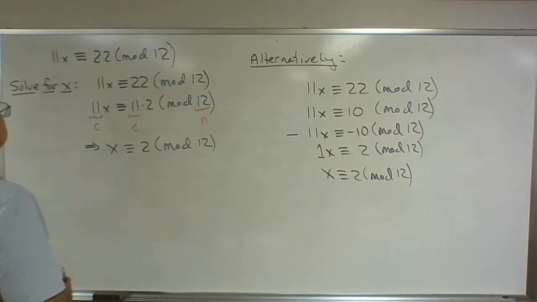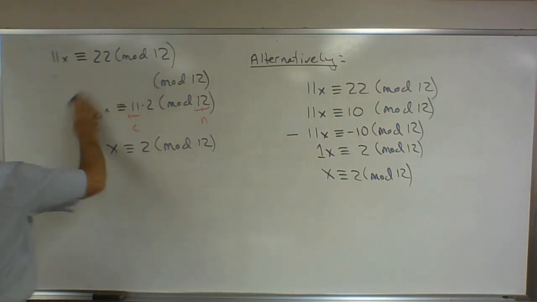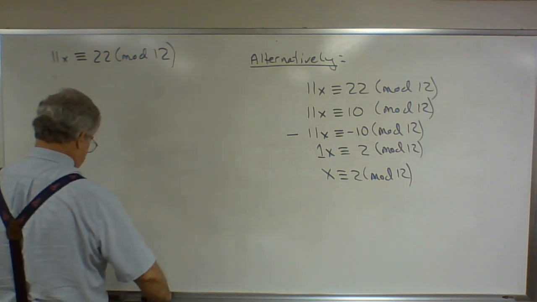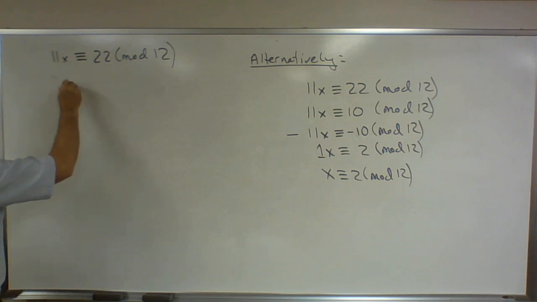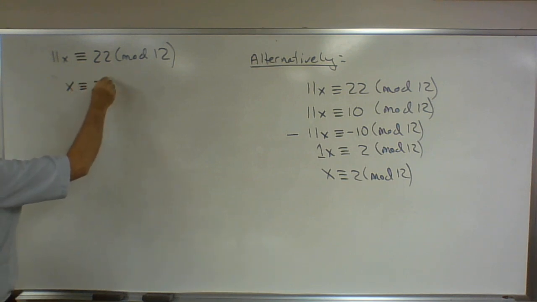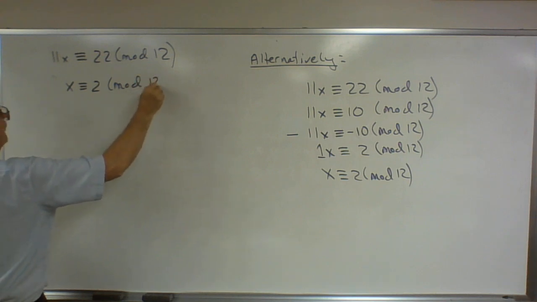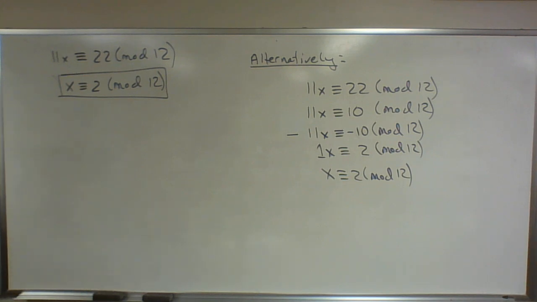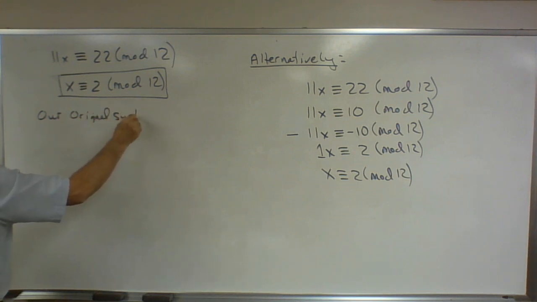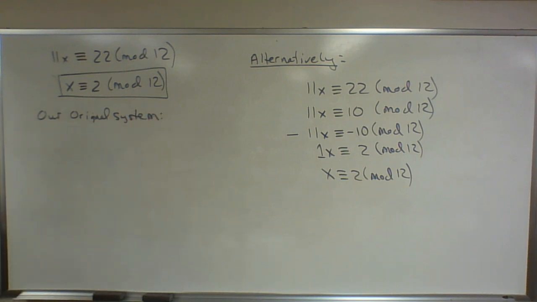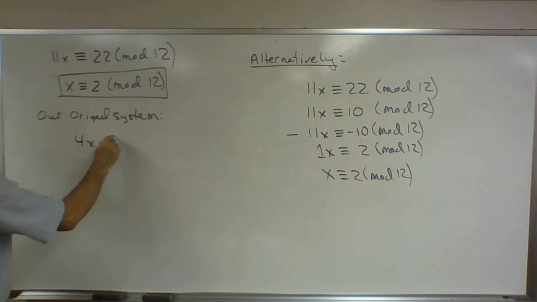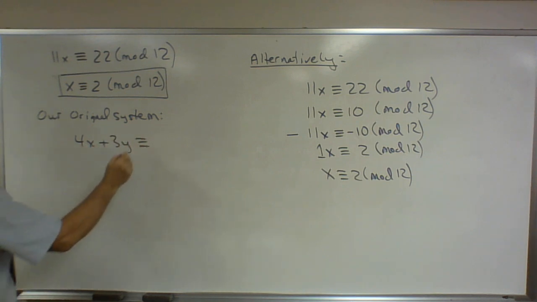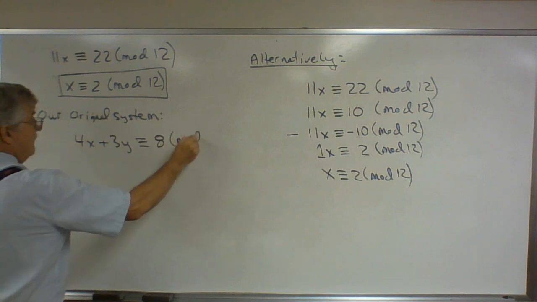So let's just note, we've solved for x. And let's just recall what our original system was. 4x plus 3y is congruent to 8 mod 12.